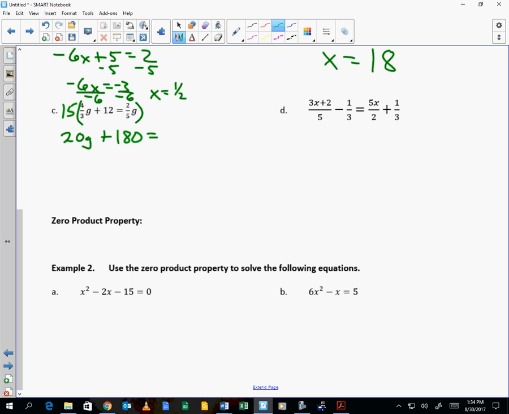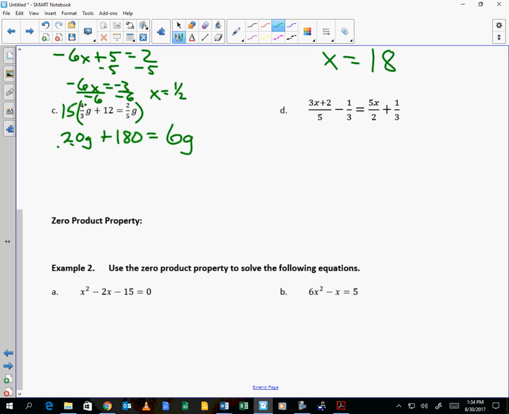Divided by 3 is 5, times 4 is, 15 times 4 is 60, divided by 3 is 20. And 15 times 12 is 180. I didn't know that, so I did 15 times 6, which is 90, and I doubled it to get 180. 15 divided by 5 is 3, times 2 is 6.